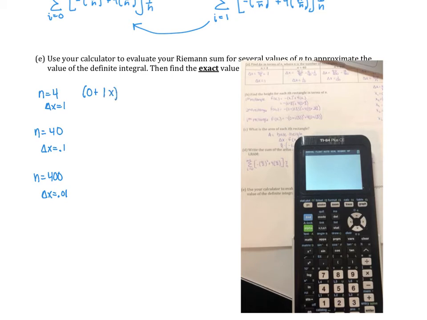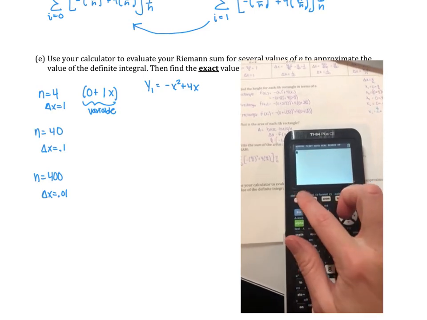So it would be 1x. So 0 plus 1x is what I'm replacing for the variable in my function. So what I'm going to do in my calculator is start in y1 and type in my equation, and then I'm going to show you how I'm going to let that variable be there and what I type in my calculator. So hopefully this will be okay.